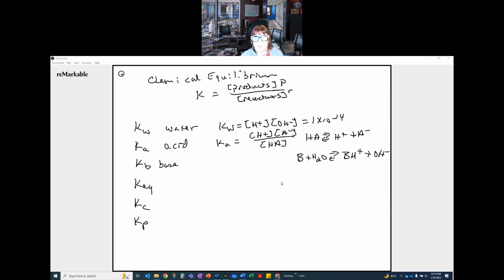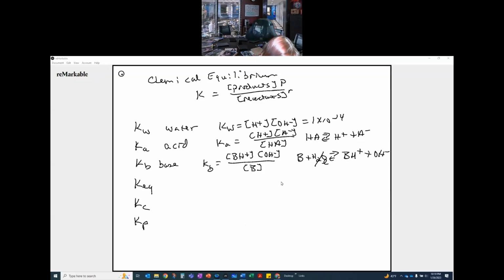If they can accept a proton, they are a Bronsted-Lowry base, they also act as Lewis bases, then they're going to be weak bases that we can talk about in this way. So the Kb for that is going to be equal to that BH plus times the OH minus over the concentration of the base, because the H2O being a liquid does not appear. Okay, so that's not part of it.